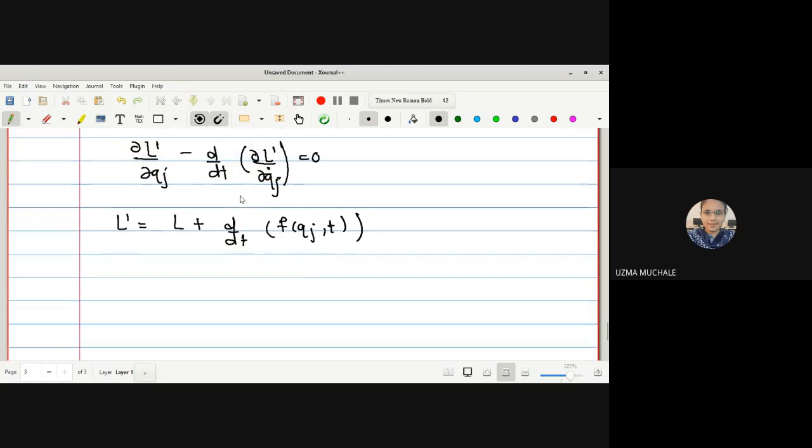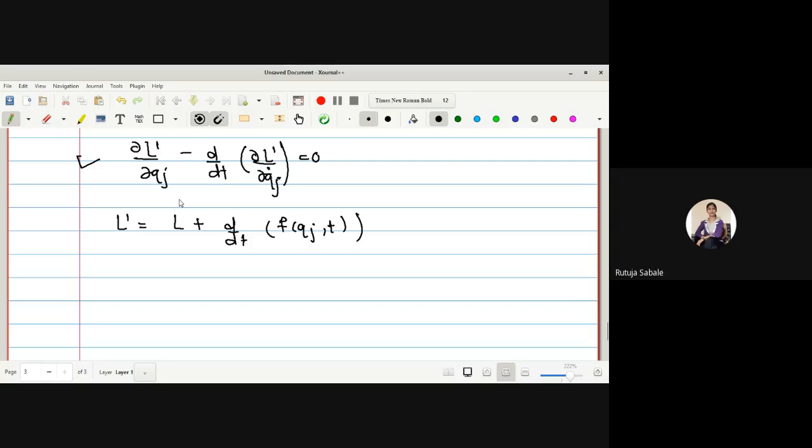Now if you want to show that L dash satisfies this equation, what do we have to do? We have to first find out the value of L dash with respect to Qj, then L dash with respect to Qj dot. Then we have to subtract these two terms by differentiating the second term with respect to t, and we have to show that this subtraction of these two terms is equal to 0. Are you getting?